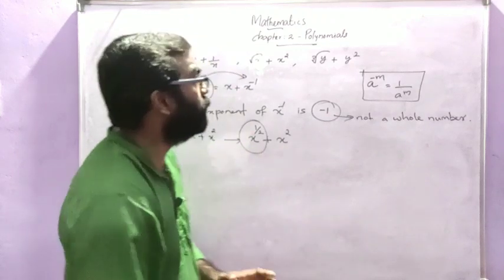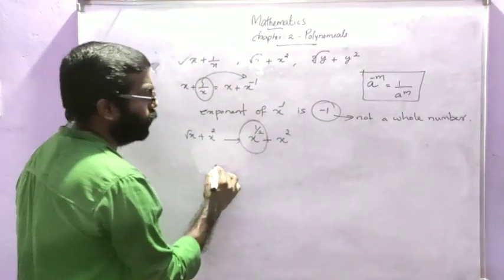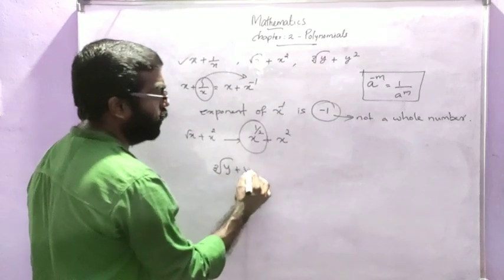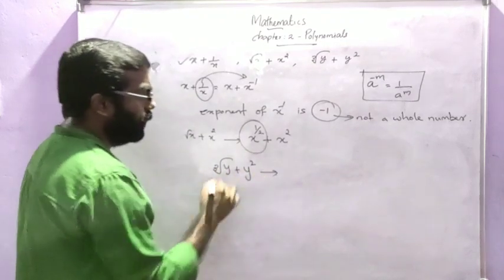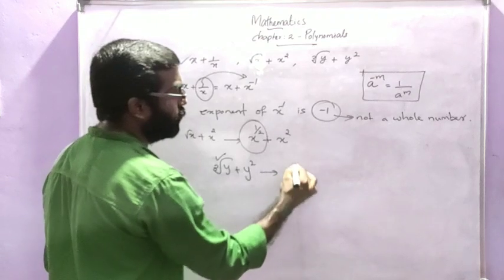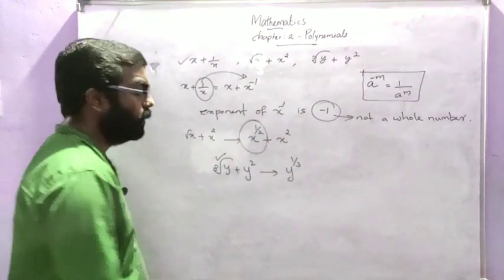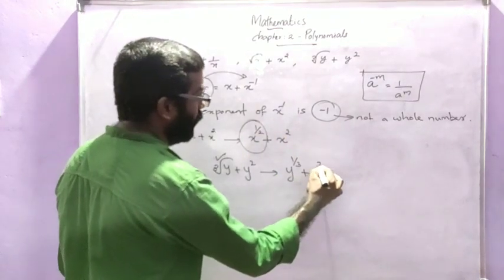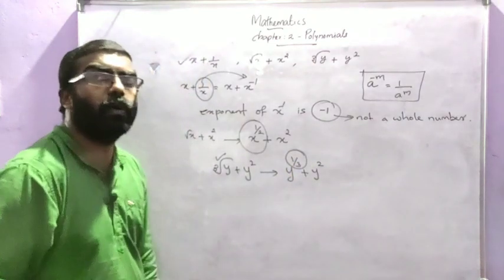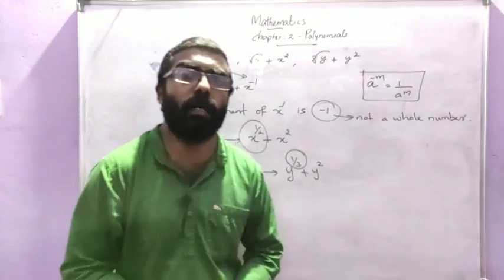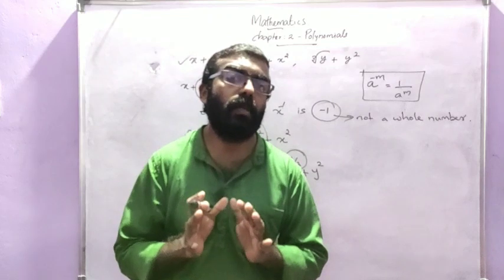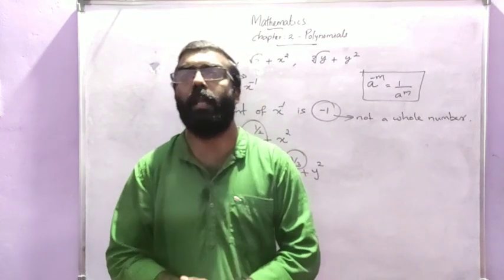If we take the third one, cube root of y plus y square, cube root of y can be written as y raised to 1 by 3, and the power 1 by 3 is not a whole number, so it is also not a polynomial.